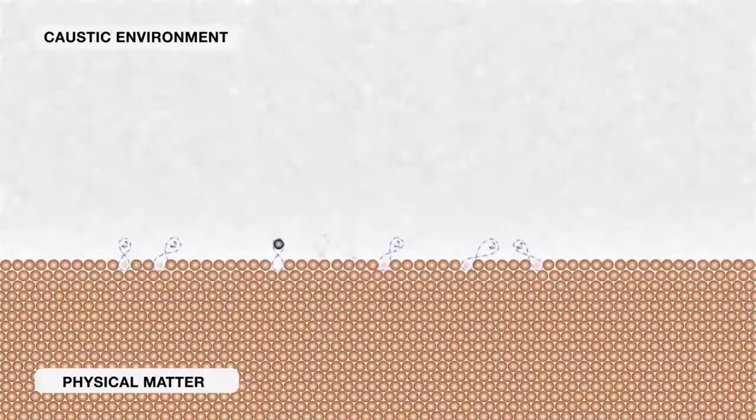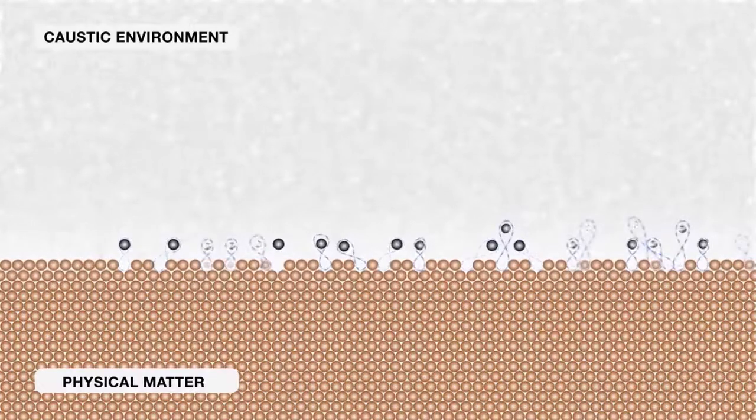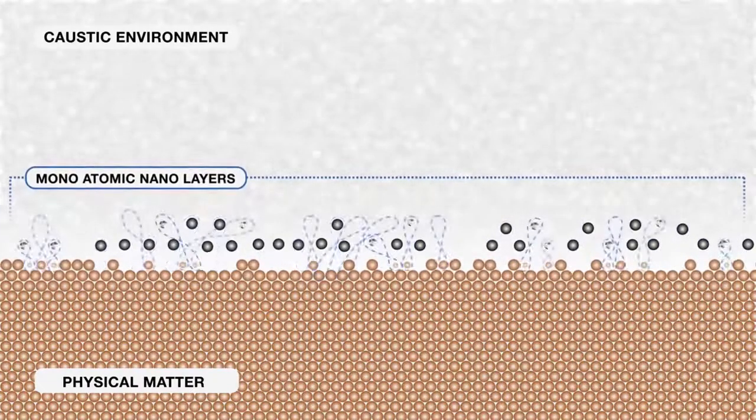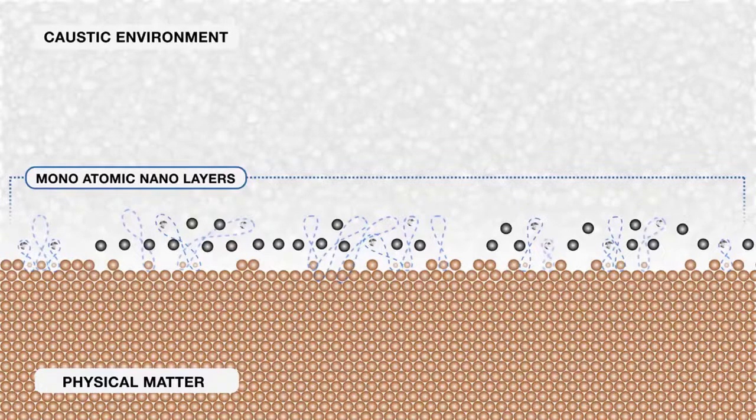So that caustic environment loosens the bonds between your different atoms so that they slightly reposition themselves. They're still attached to the matter, but they've changed their magnetical gravitational position and have moved from direct contact.